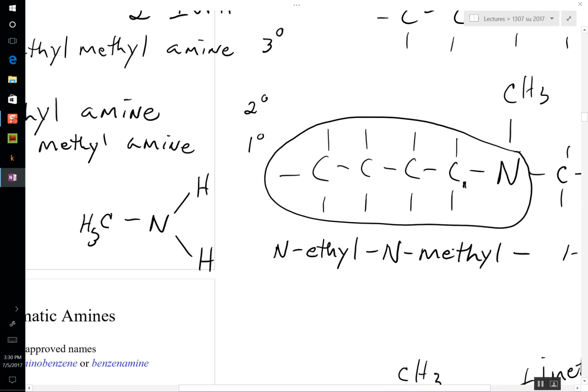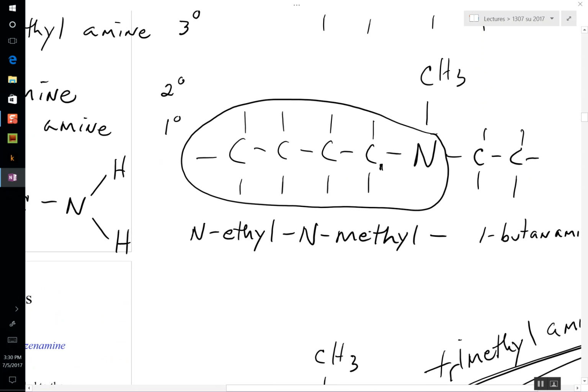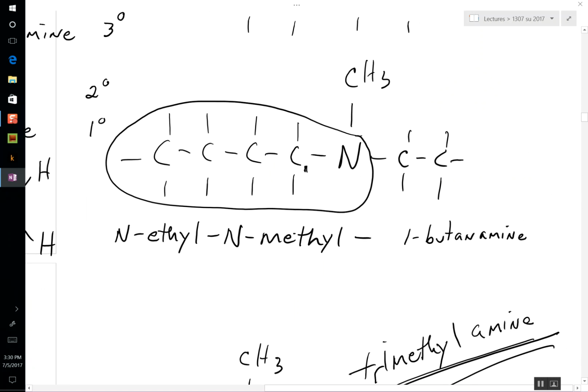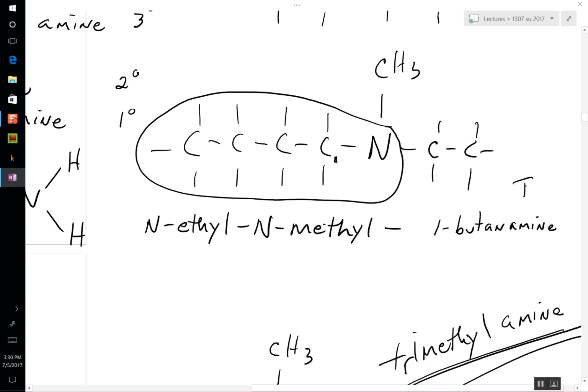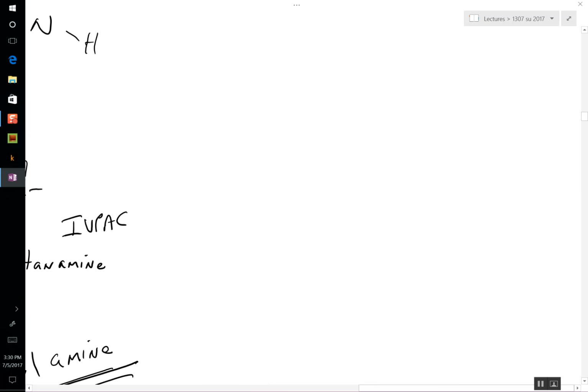Okay, I know. I don't know how not to confuse you with the names of amines. It gets confusing. This is one IUPAC system for this molecule. The other one is to treat the amino group as a substituent. Let me just give you an example.